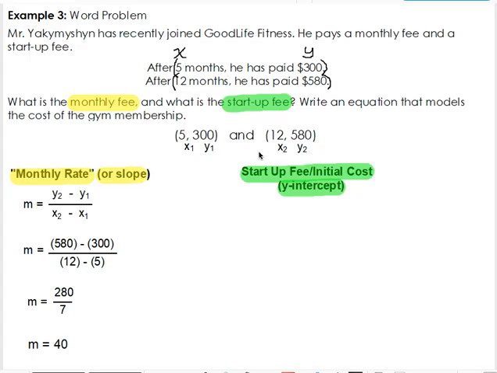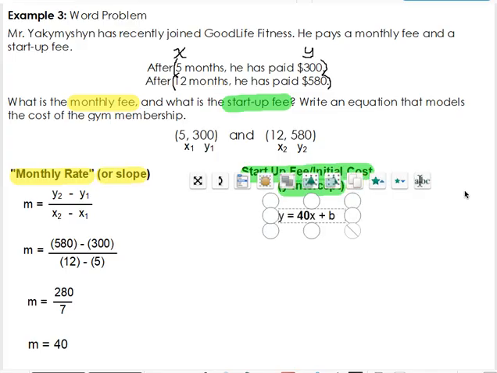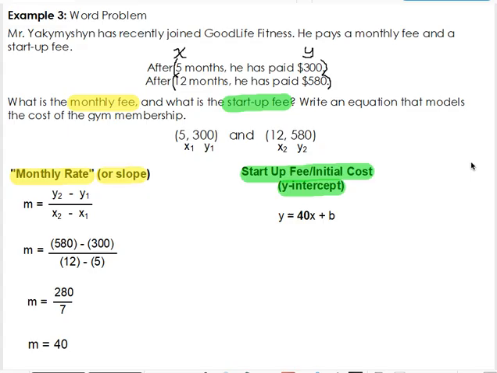Now, in order to get the startup fee, or the initial cost, or perhaps the starting value or initial value, we're going to first look at this equation as what it is so far. It is y equals 40x plus b. In order to solve for b, this initial cost or y-intercept, we're going to have to sub in a coordinate.